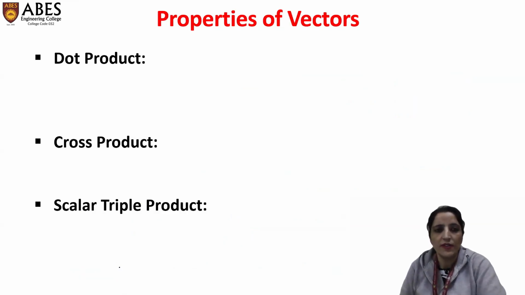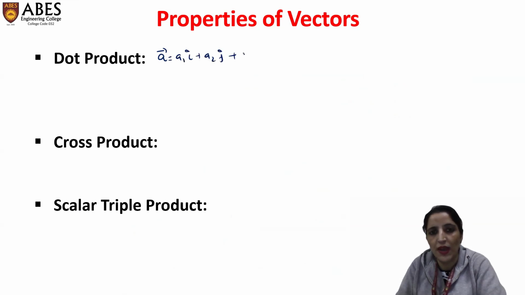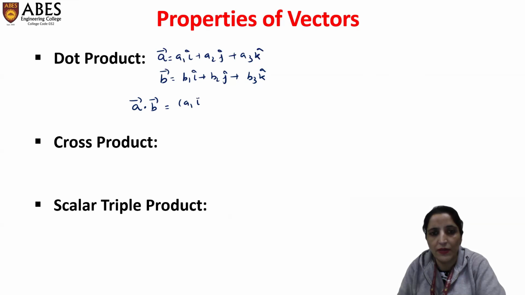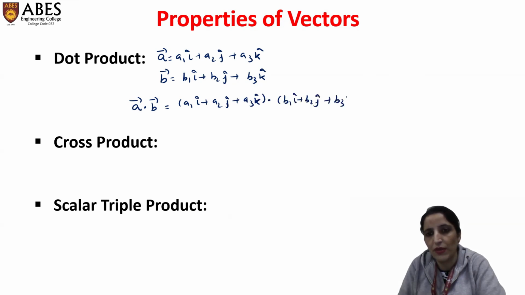Next, there are three types of products when we are talking about vectors. Consider a vector A, that is A1i, A2j, and A3k. Consider another vector B, that is B1i plus B2j plus B3k. Then the dot product is denoted as A dot B, and it is written as (A1i plus A2j plus A3k) dot product with (B1i plus B2j plus B3k).